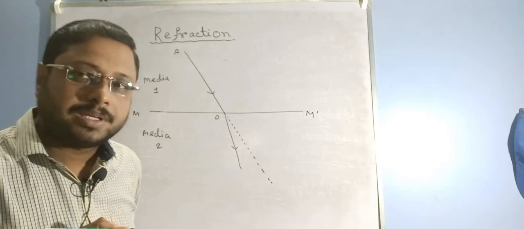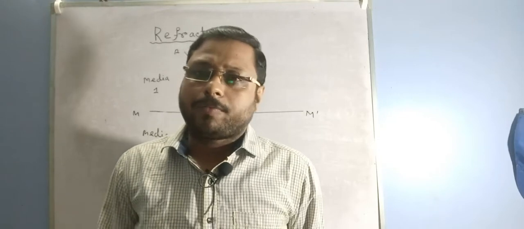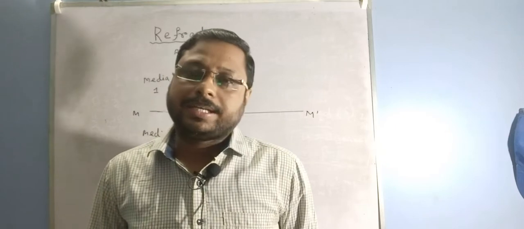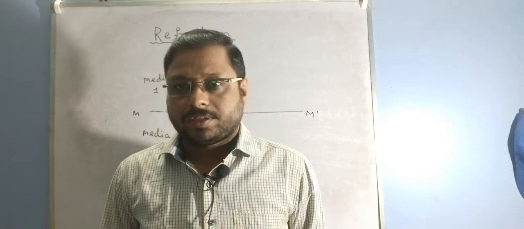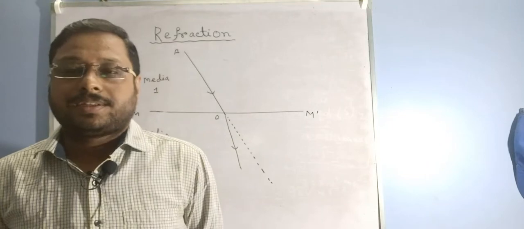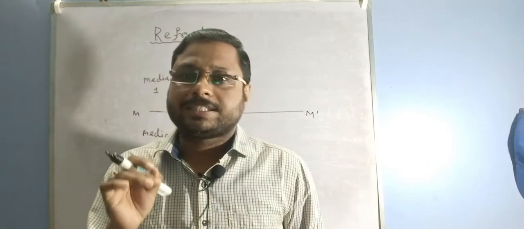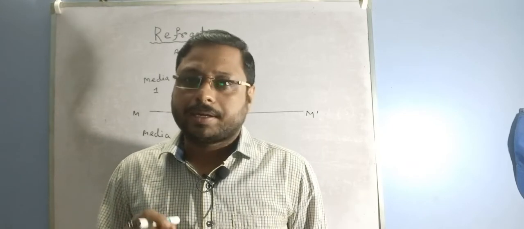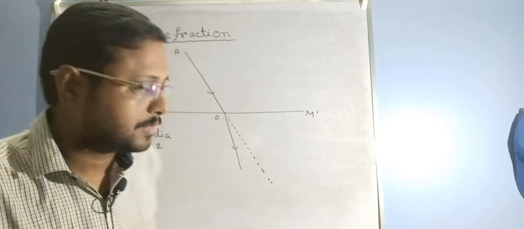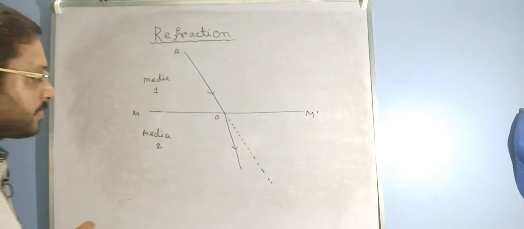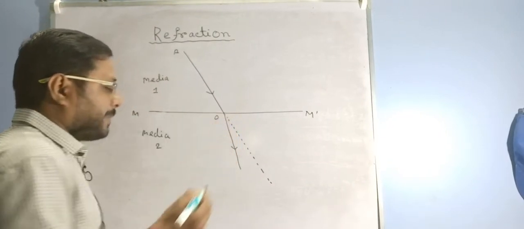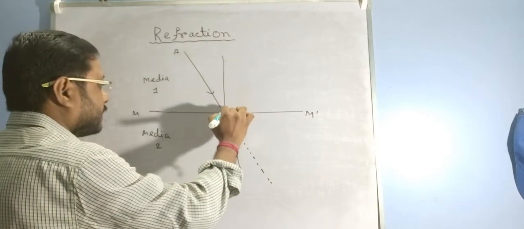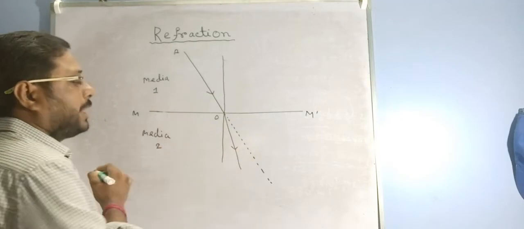So, when a ray of light is obliquely incident at the interface of two media, then at the point of incidence the ray of light changes its path from its original direction. This is known as refraction of light. Now, if we draw a perpendicular to the surface at the point of incidence O, two angles are formed.